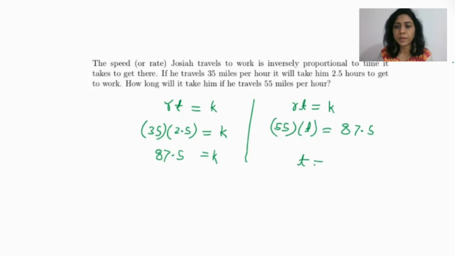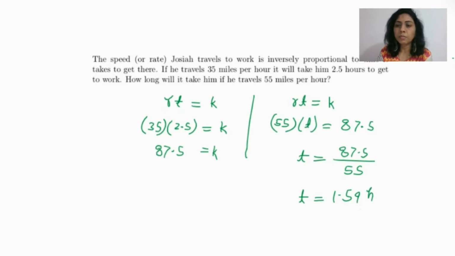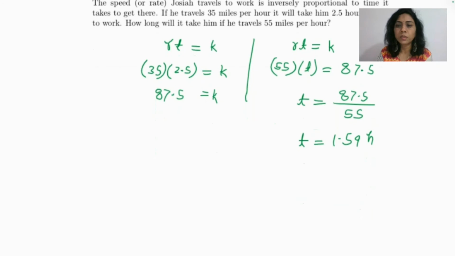So both sides divide by 55. 87.5 divided by 55. You can calculate and find the answer. Okay. So this is 1.59 hours. Okay. It will take about 1.5 hours.